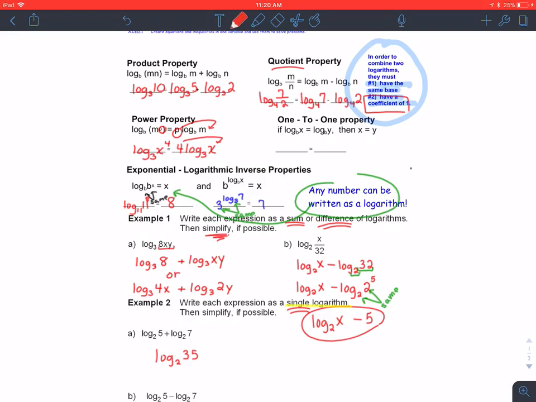Okay, something else that we'll need to make sure that we remember for today is that you can take any constant number, and you can disguise that number so that it looks like a logarithm.